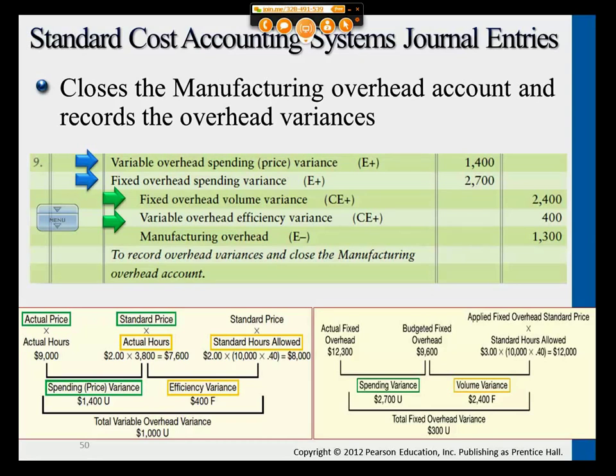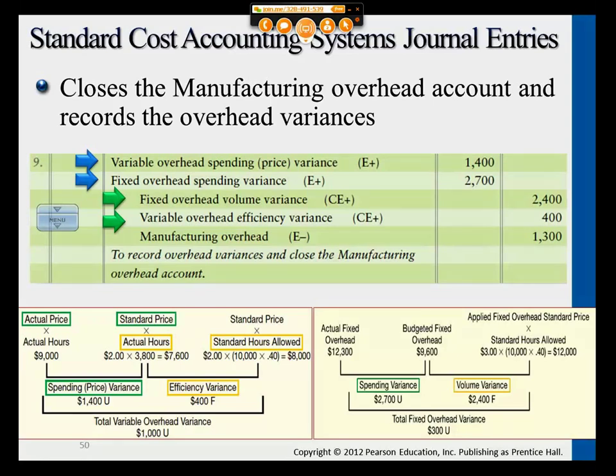So we have variable overhead spending variance and the fixed overhead spending variance. So the fixed overhead spending variance is debited, while fixed overhead volume variance, variable overhead efficiency variance, and the manufacturing overhead are credited. So we record overhead variance and close the manufacturing overhead account.